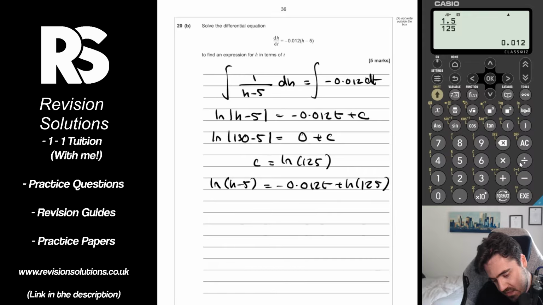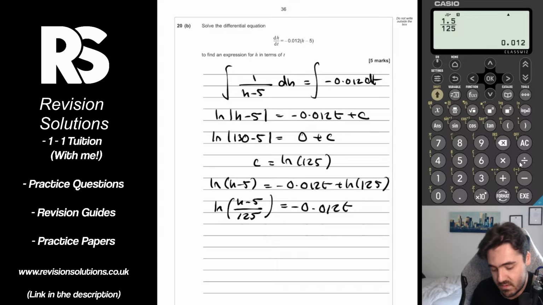If we want an expression for h in terms of t, we're going to need to remove this log. So let's combine this log with this. If we subtract it and then use the subtraction rule for logs, we'd have natural log of h minus 5 over 125 equals minus 0.012t.